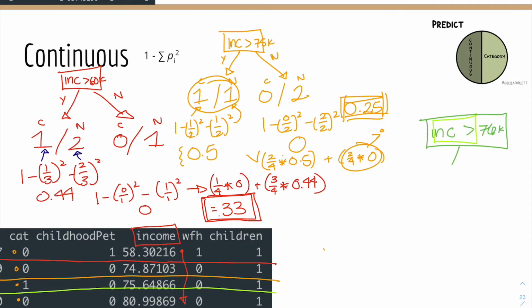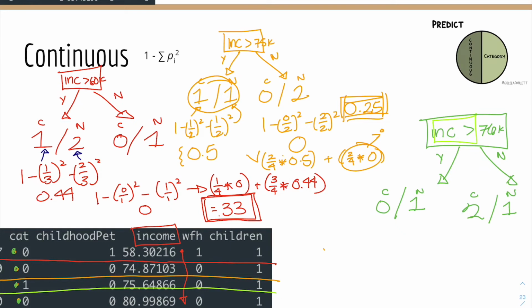Well, if it is, then we only have one data point down here, and we have 0 CAT people and 1 no CAT person. If their income is not above 76,000, so these 3 people at the top here, then we end up having 2 CAT people and 1 no CAT person.